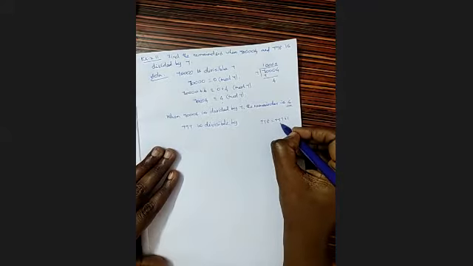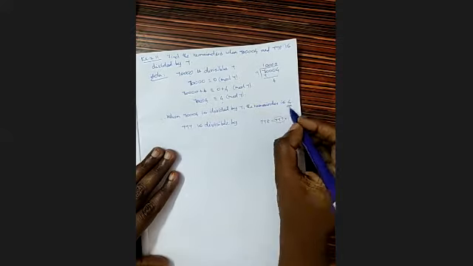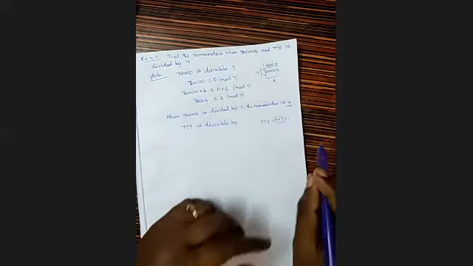Is it divisible by 7? Yes, ma'am. When we divide 777 by 7, the remainder will be 0. So 777 is divisible by 7.